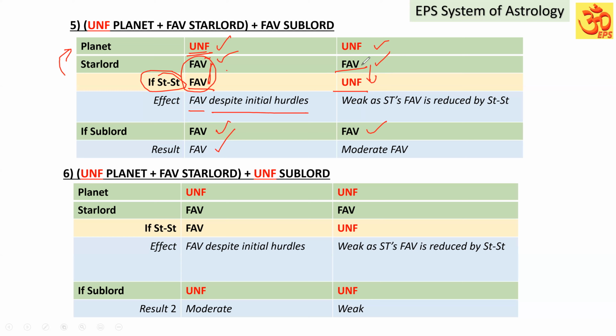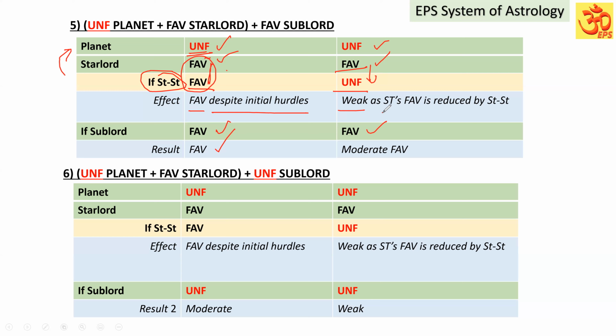Unfavorable reduced by the favorable, and favorable reduced by the unfavorable star lord of the star lord. So basically, it is becoming weak, not more unfavorable, because the primary level star lord is favorable. But still, the unfavorable is not further reduced by the star lord along with its star lord of the star lord.